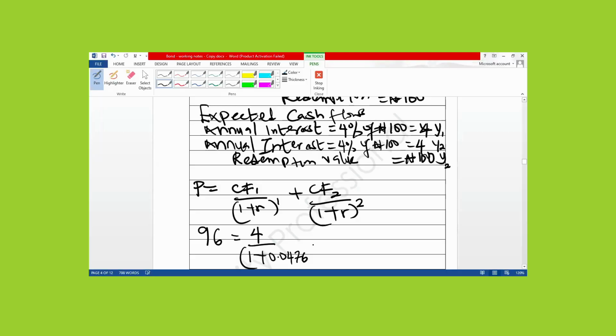You have calculated the spot rate for year 1. Spot rate is independent of the bond. Whether bond A or bond B or bond C, the spot rate for year 1 is 4.76%.